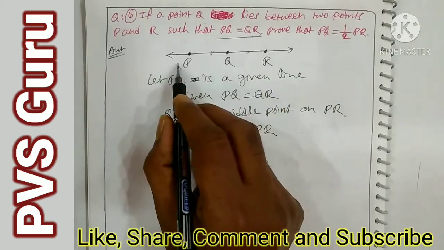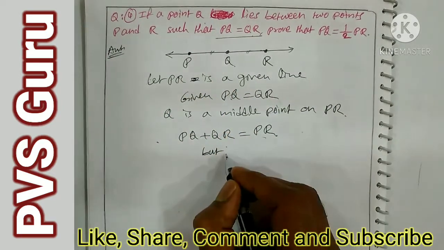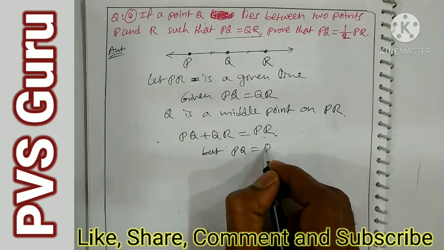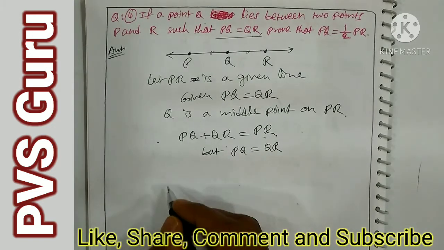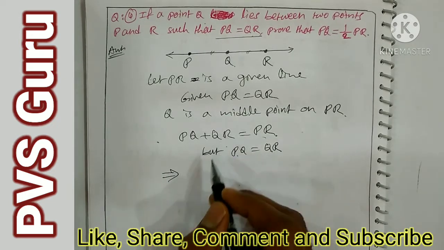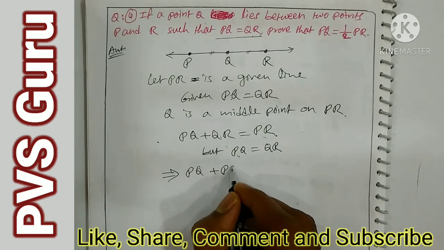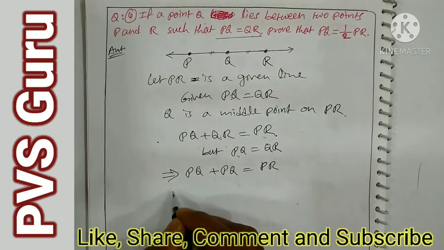PQ plus QR is equal to PR. But given PQ is equal to QR. So in place of QR you write PQ. PQ plus PQ is equal to PR.